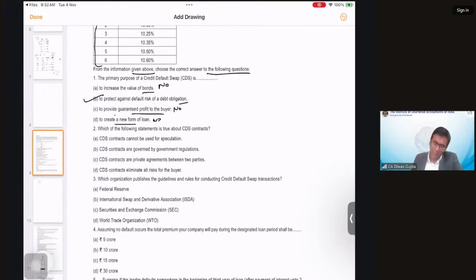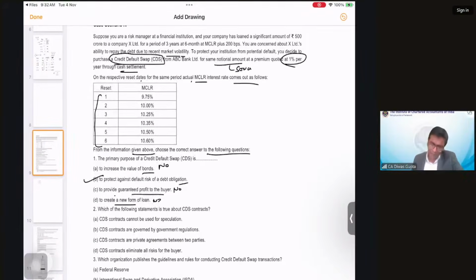Which of the following statements is true about CDS contracts? CDS contracts cannot be used for speculation. So we have to talk about what statement is true here. CDS contracts are governed by government regulations. CDS contracts are private agreement between two parties, and CDS contracts eliminates all risk for the buyer.